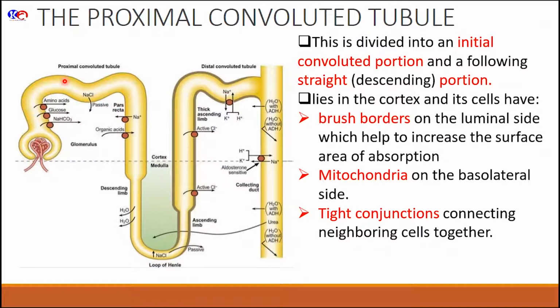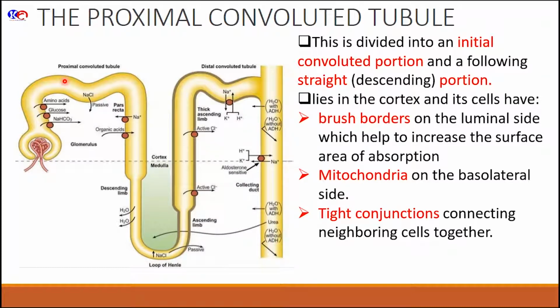Then on the basolateral side, which is the side that is away from the lumen, it is made up of mitochondria, because that part has a lot of activities going on there, actively going on there. And that means it requires a lot of what? ATP.